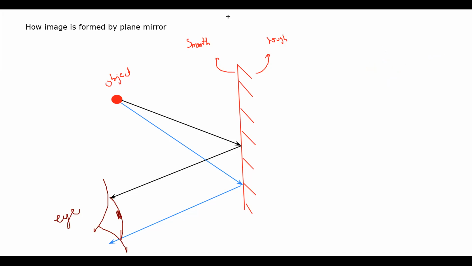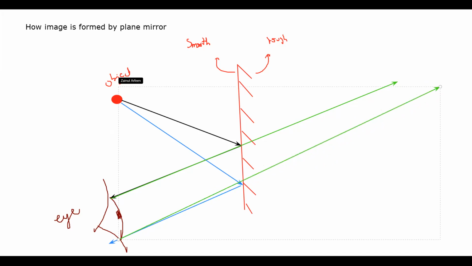So when our brain relocates these light rays, or produces these light rays back again in the opposite direction, what we observe, just a minute, I will intersect these lines.